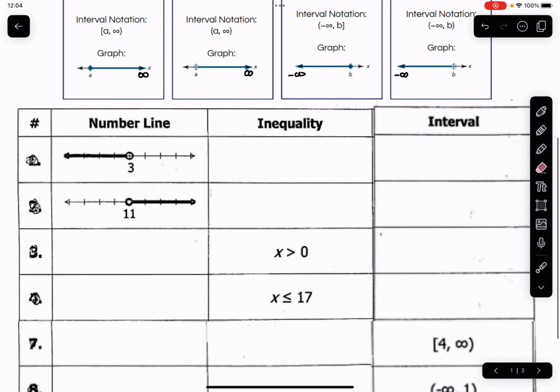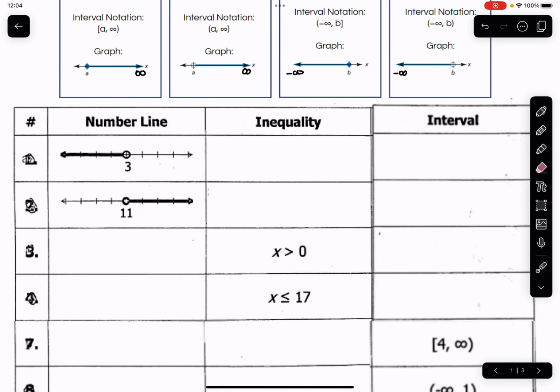Example number 1. Here we have the number line where we have an open circle at 3. So 3 is the endpoint. And the arrow is pointing toward the left, towards negative infinity. So as an inequality, that means that x is less than 3, because all of your values are to the left of 3.